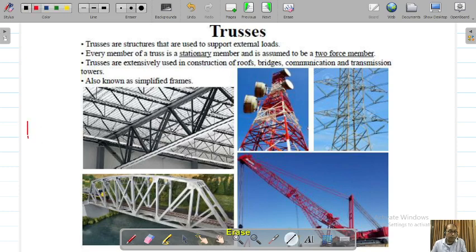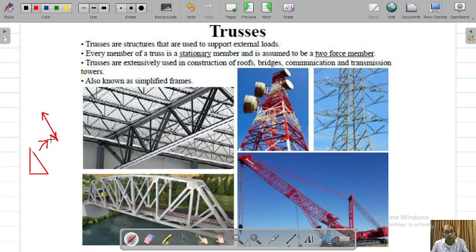If you can see, if we take this member over here, we will assume that this member is going to be a two force member, which means forces will be acting in this direction.